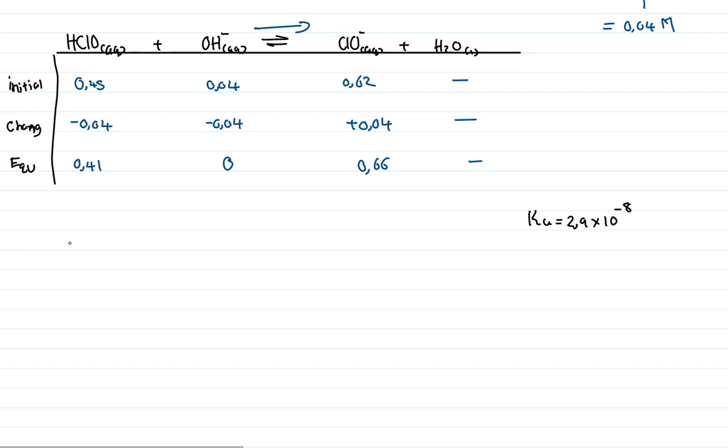So now we have a new equilibrium reaction. So we have HClO aqueous plus H2O liquid, reversible reaction, and here we have the conjugate base, ClO minus aqueous plus H3O plus.